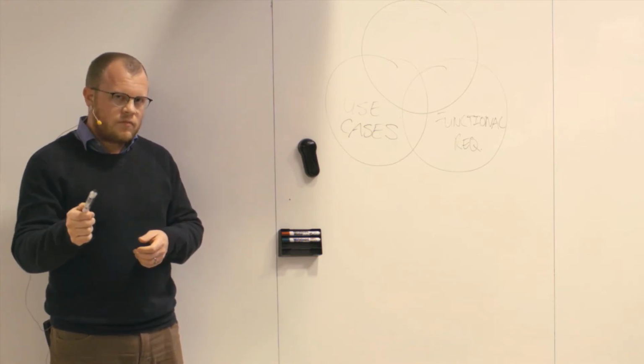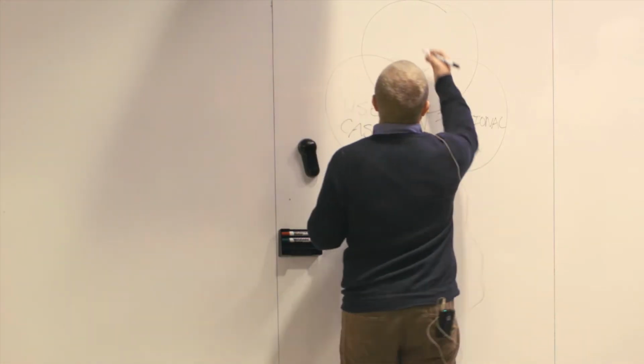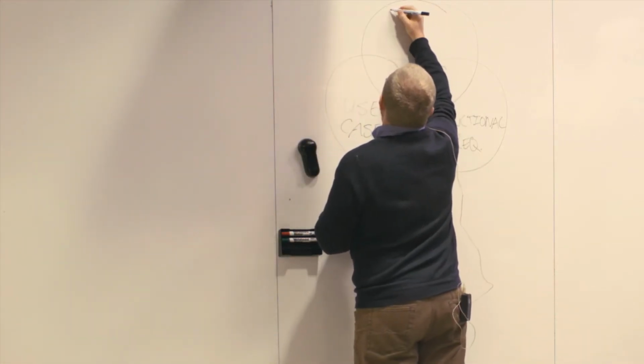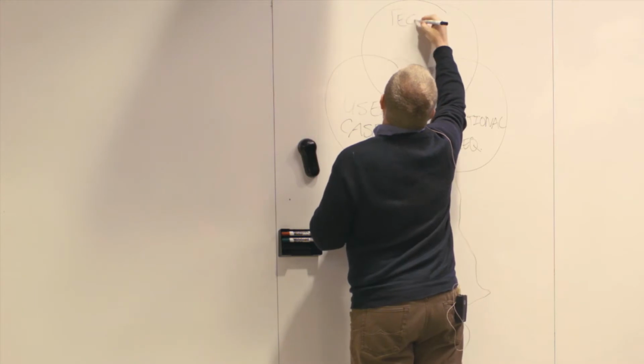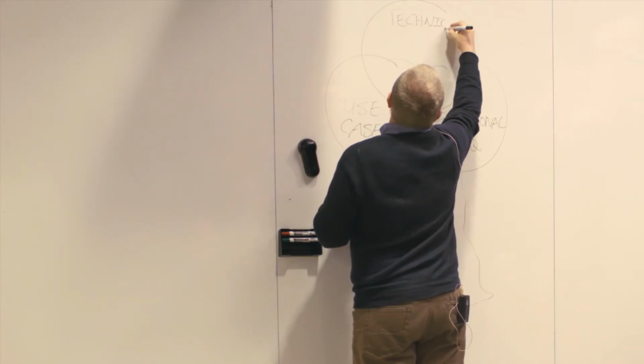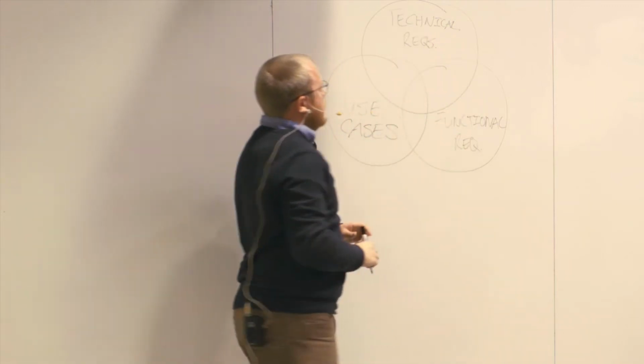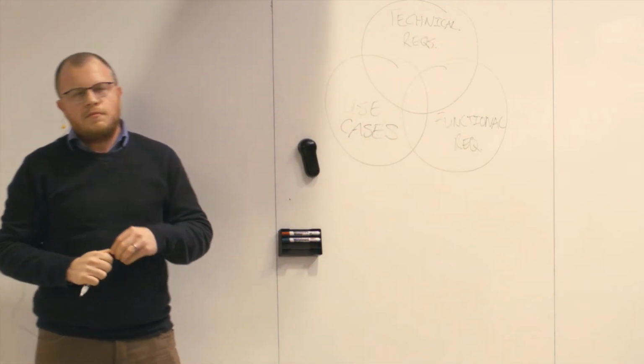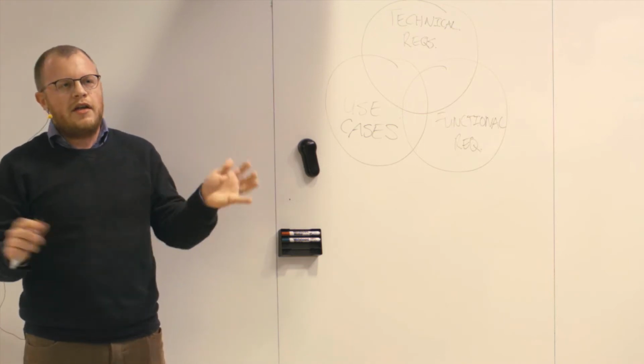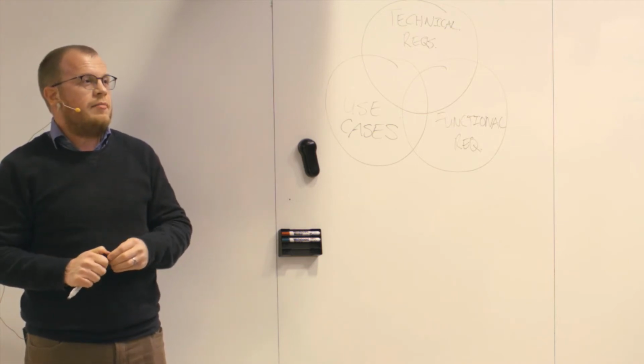Okay. Then another way, there are probably more, but these are the ones I want to speak about, is technically. So technical requirements. This is where you get to something that is probably a little bit more engineering. So the kind of things that you can maybe quantify.